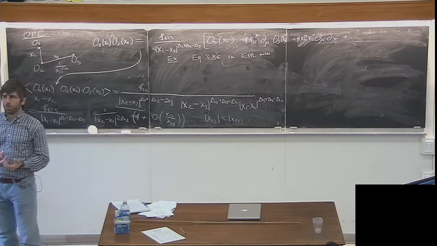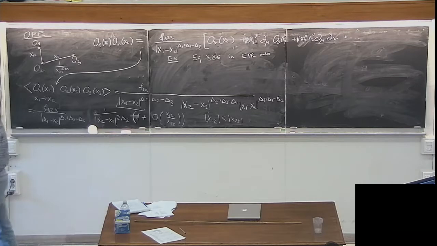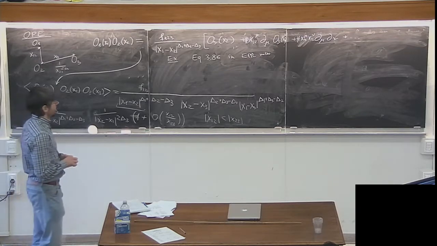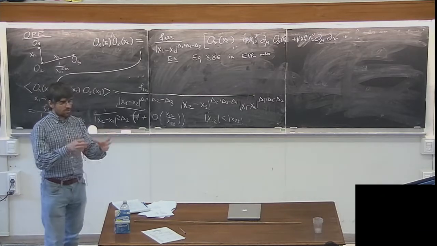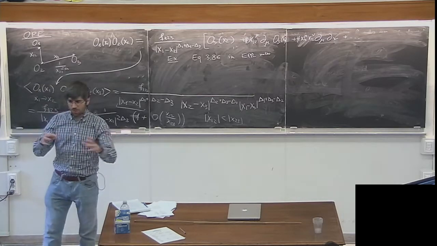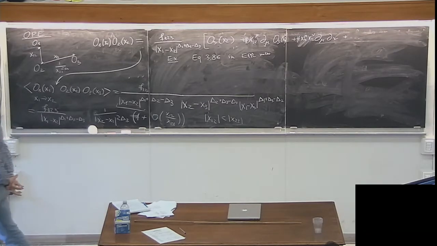For example, in two-dimensional CFT, when you derive the Virasoro algebra by integrating certain OPEs of the stress tensor, you can choose the radius of the integration contour arbitrarily, so you are only sensitive to the leading OPE.